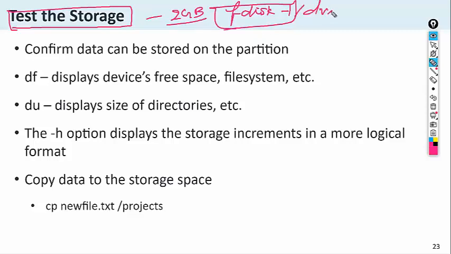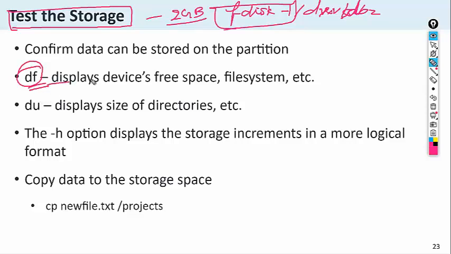If you provide the partition name, it will show that partition's information. Partitions like sdb2, sdb1, sdb3, sdc1, sdc2. So how can you identify them? You can use the df command.